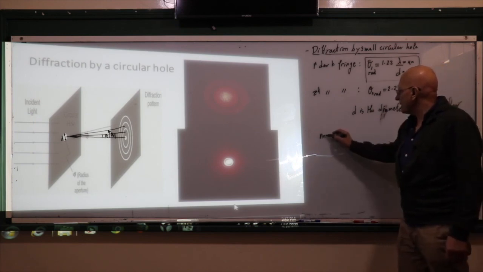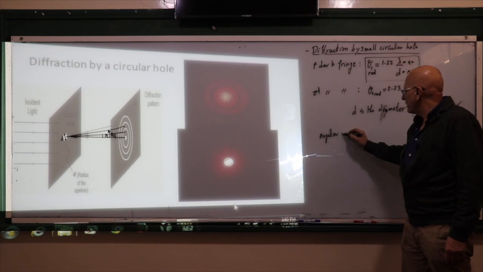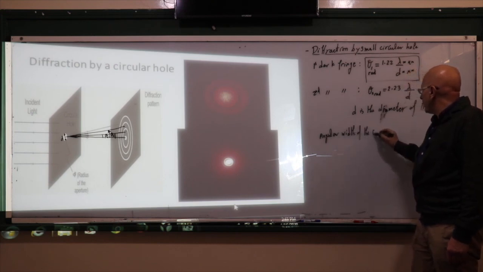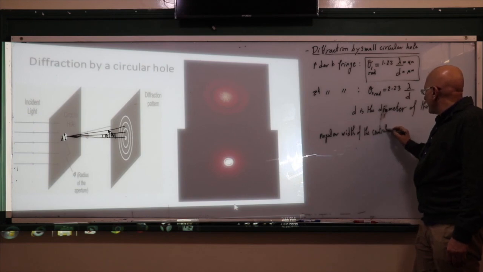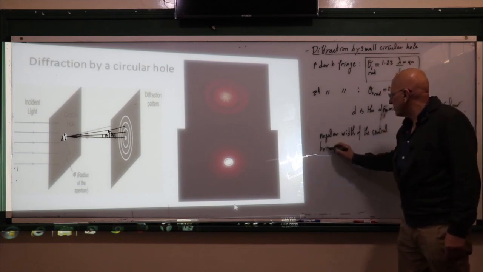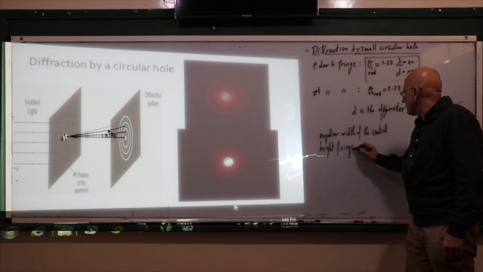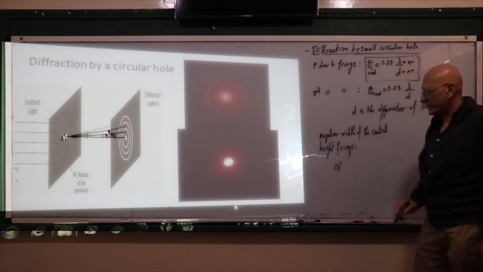The angular width of the central bright fringe, which is denoted by alpha, as you see.